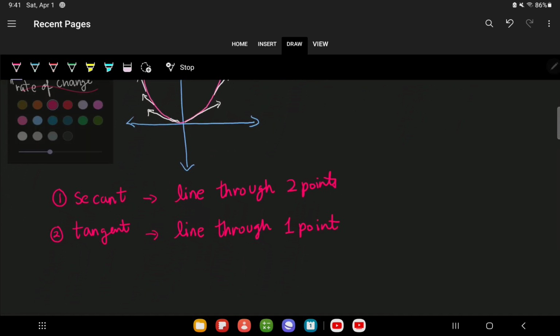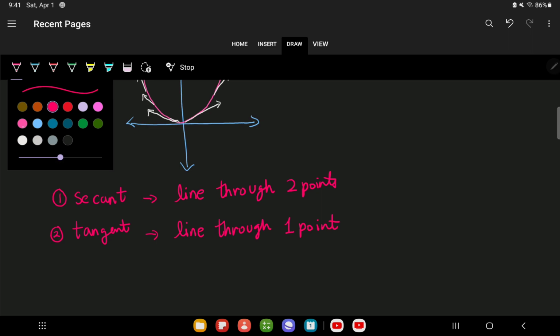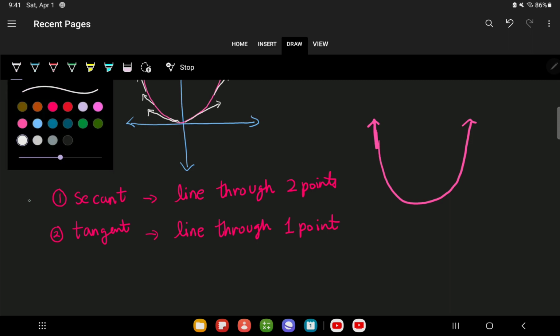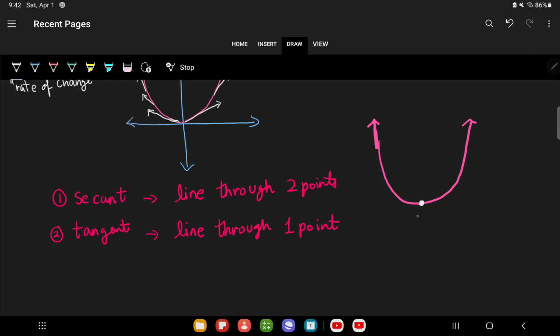Okay. So now let me zoom in on that picture of a parabola and let's see if we can guess what's happening here. Suppose this is my x1 and this is my x2. A secant line will be a line through these 2 points.